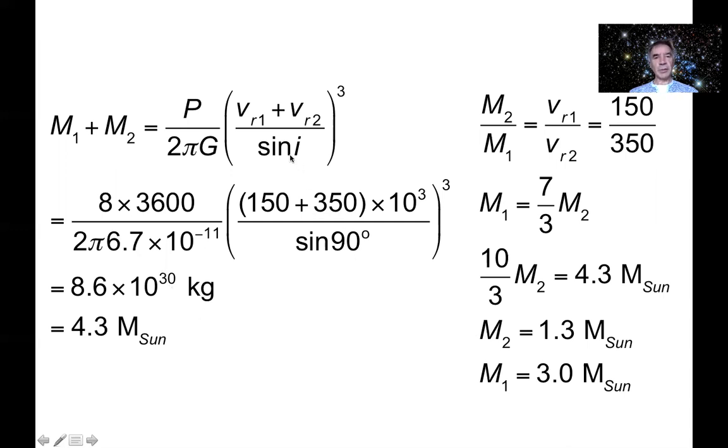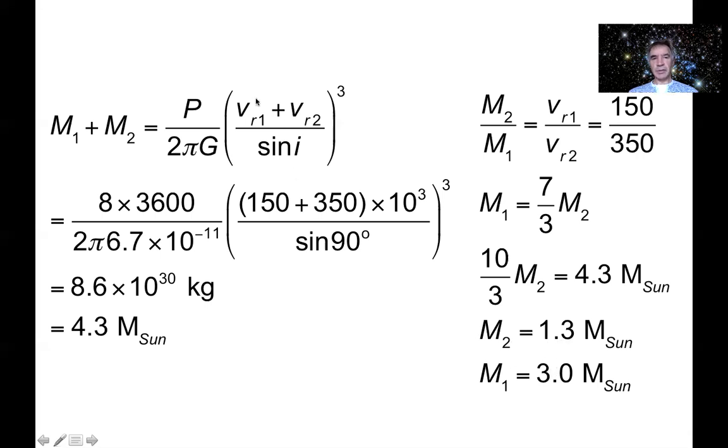Of course, if we didn't know the inclination, this would be a lower limit, not the actual value. But let's assume it is here. So then, to solve for the individual ones, we just go to the mass ratio, which is given by the ratio of the radial velocities. You can just work through that to give you the individual masses. So here we've got a 3 solar mass star and a 1.3 solar mass star.